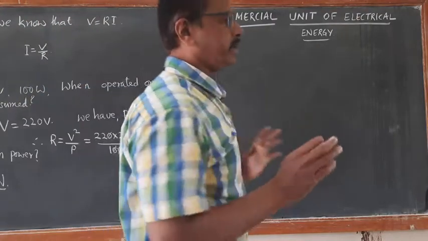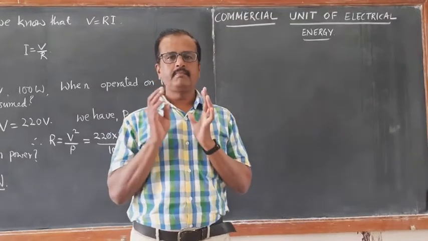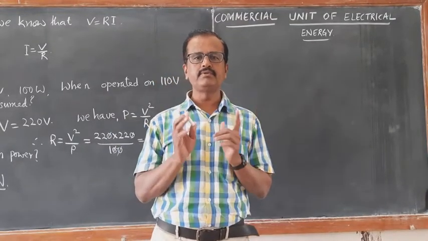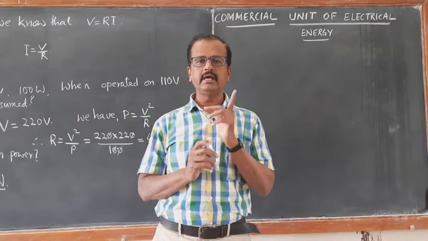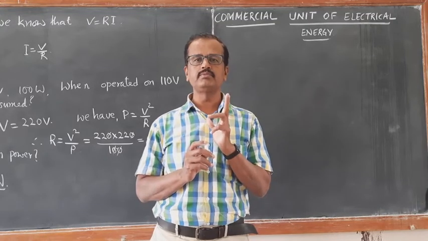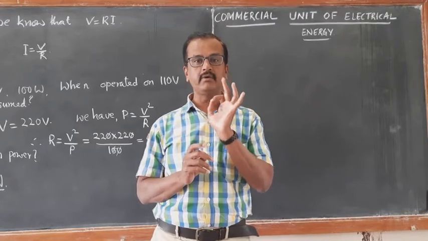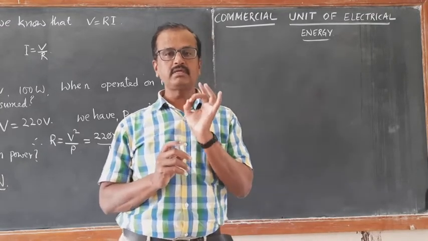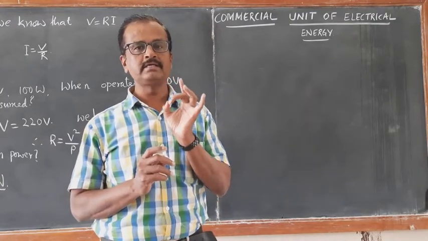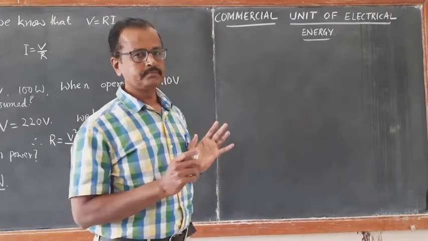If 1000 watts of power is consumed for 1 hour, then the energy that is consumed is equal to 1000 watt hour. 1000 watt hour is also called as kilowatt hour.